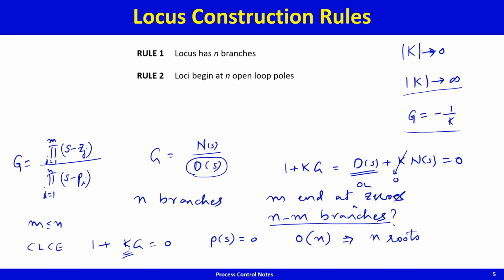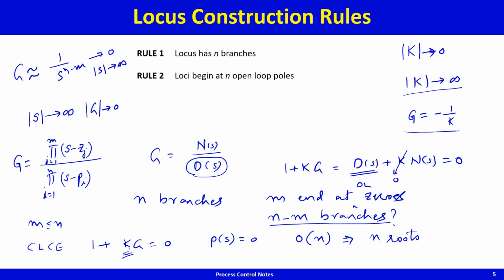Well, they end up in asymptotes, and you can see that if m is less than n, then as magnitude of s tends to infinity, magnitude of g tends to 0, because g then is approximately 1 by s to the power n minus m, and n minus m is greater than 0, and this will tend to 0 for magnitude of s tending to infinity.